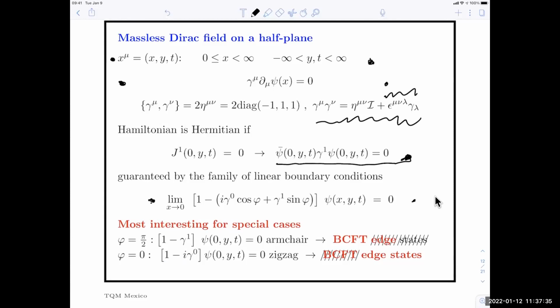One can see that just from counting the number of equations contained in the Dirac equation, and this does that. Phi has to be an angle here so that if you square this matrix that's in front of psi, it's a projection operator, you get the matrix back. That's in a sense for consistency of the boundary condition.